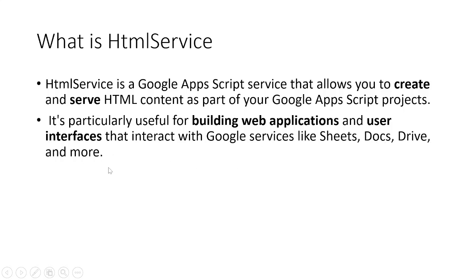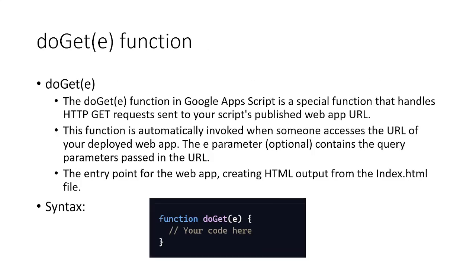So it is not enough that we create an HTML file. We must use the HTML service so that it could serve the HTML file that we have created. So take note of the terms. First, we have the doGet function.